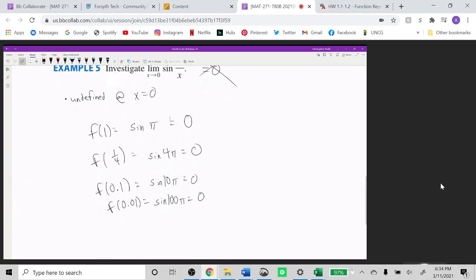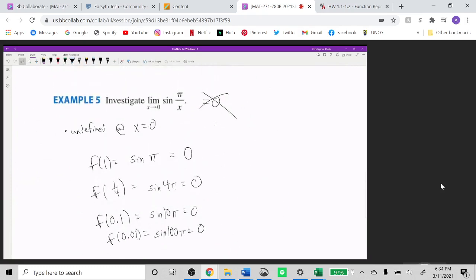Now, the reason why we're wrong is there are all of these numbers that we plugged in that would have yielded a different answer, right? We could have plugged in values that would have given us something different. For instance, what if I found f of 2/3?